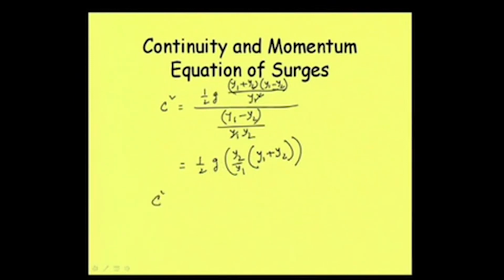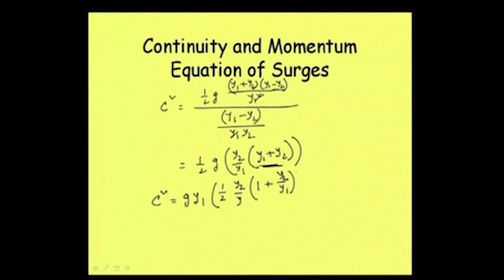So c square is equal to, we can bring one y1 from here, so it is equal to g y1, one y1 we are bringing from here, and the other part we are writing in a different way, say half, and this y2 by y1 is there, and then as one y1 we have brought here, this will be 1 plus y2 by y1.